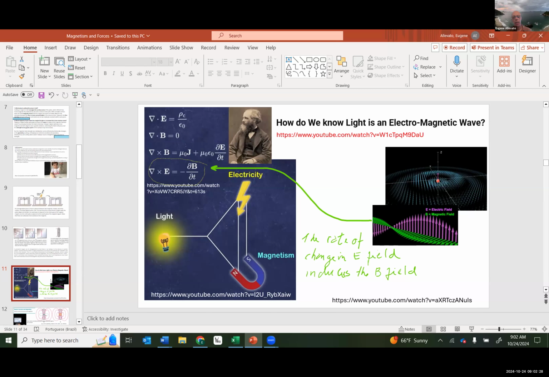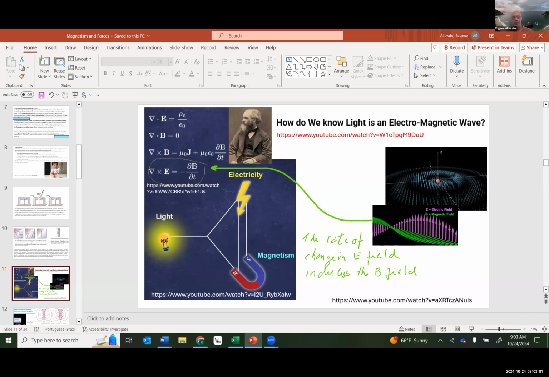Some of these descriptions involve calculus, and this class does not require calculus, but this upside-down delta means variation, or rate of change. If I change the electric field, that is going to be directly related to a change in the magnetic field.